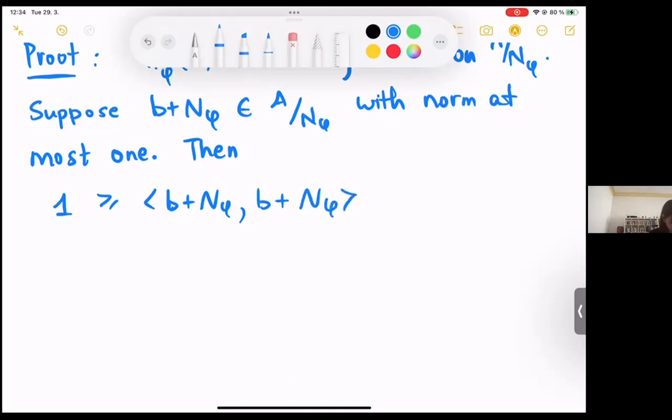Of course the norm would be the square root of this, but if the norm is at most 1, then this would be at most 1 as well. This is phi of b star b.